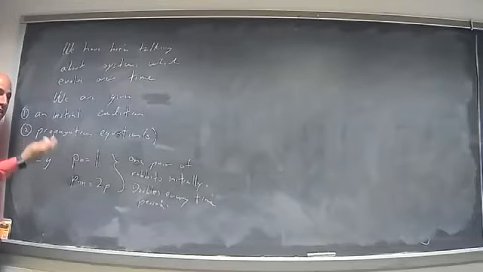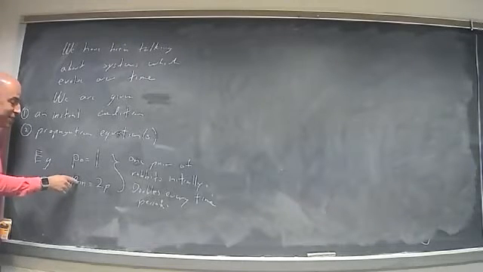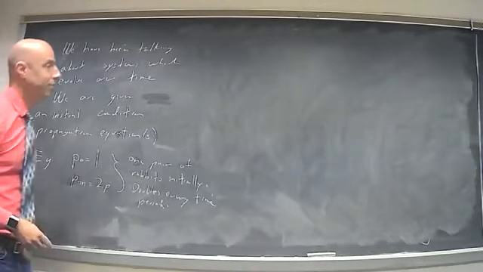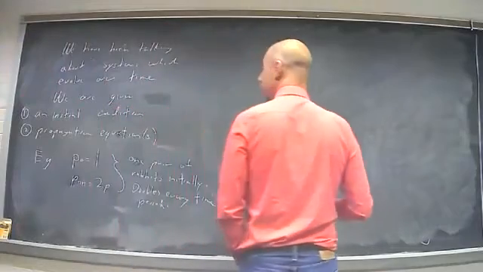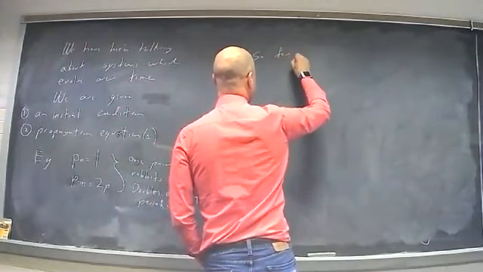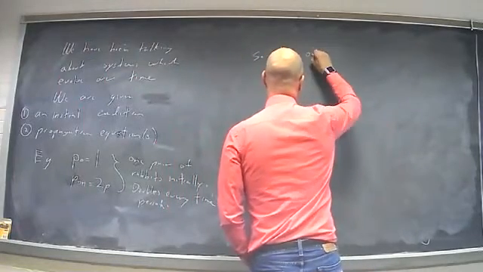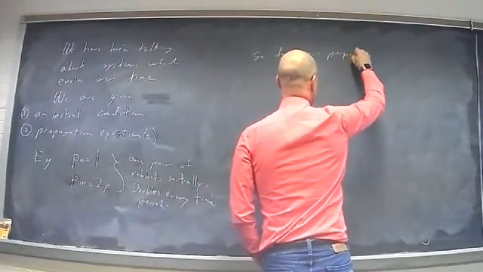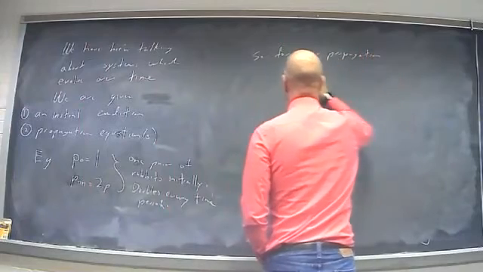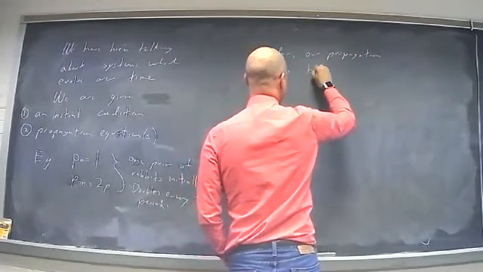Time period 0, time period 1, time period 2, time period 3. We've been treating time as if it were a discrete variable. Here time is like n. And so far, our propagation equations have been linear.